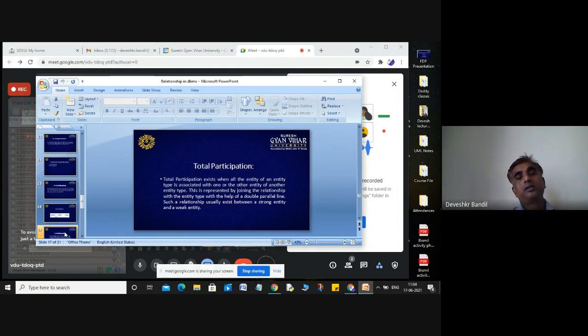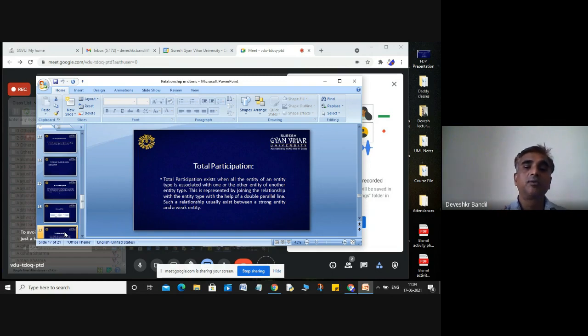And second is total participation. Total participation exists when all the entities of an entity type are associated with one or the other entity of another entity type. You can also say that it is the reverse of partial participation.